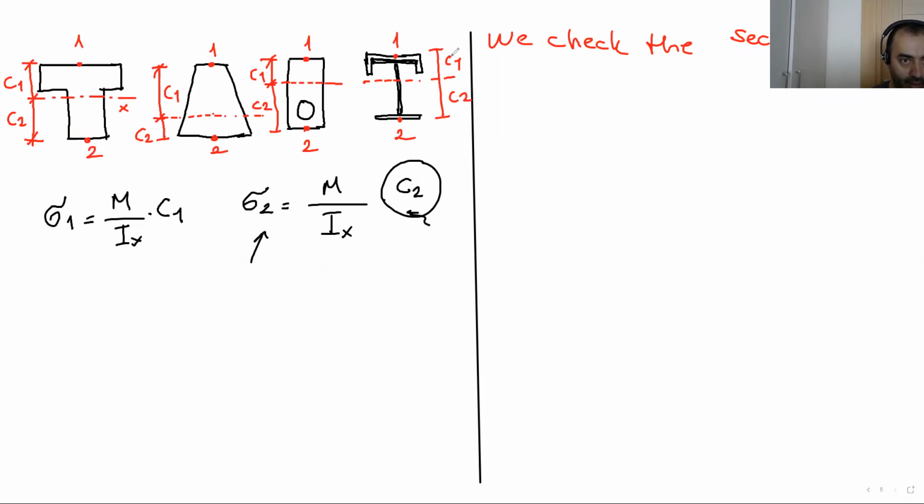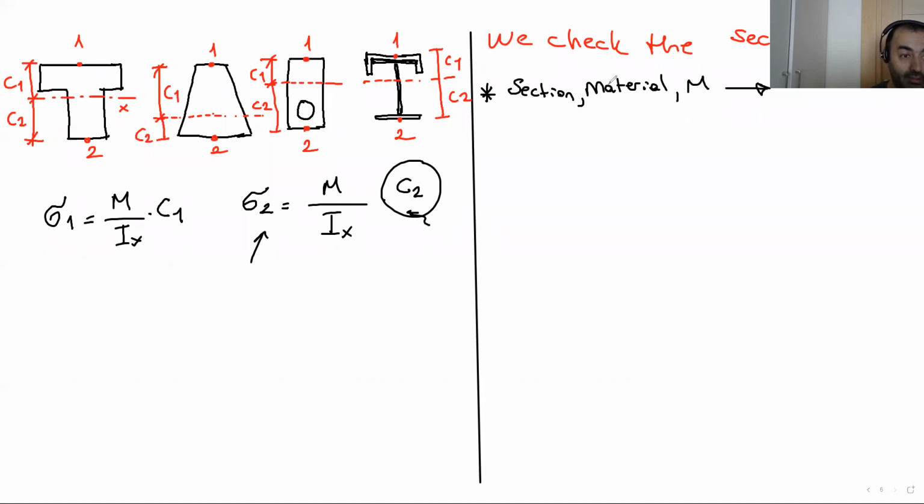First case, we know the section. We know the material. We know the moment. So what we do, we know section. Section means all the dimensions of section. So we know the moment of inertia. We know the material. That means we know the allowable stress.